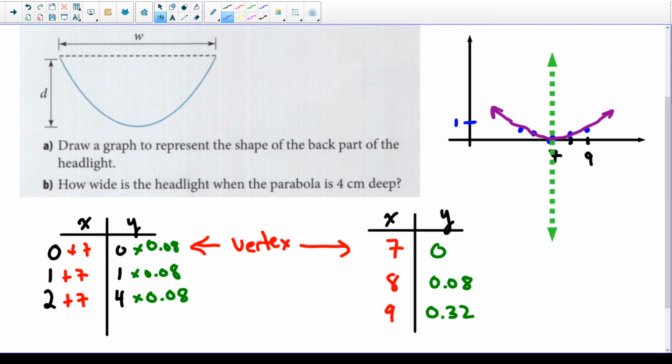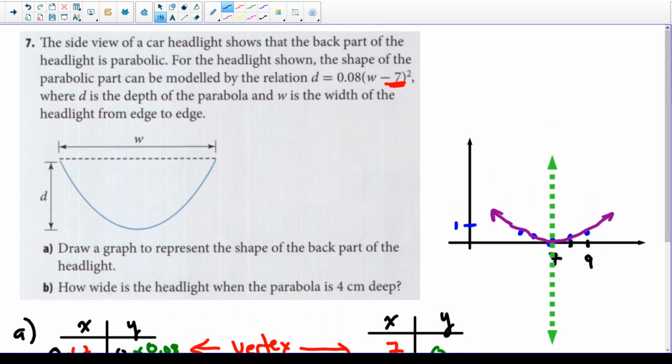Now before I continue to question B, this is all question A. Why is a headlight parabolic? In science, there's a section of the science course that's called optics. Now I don't know if you should have done a little bit of optics at this point.